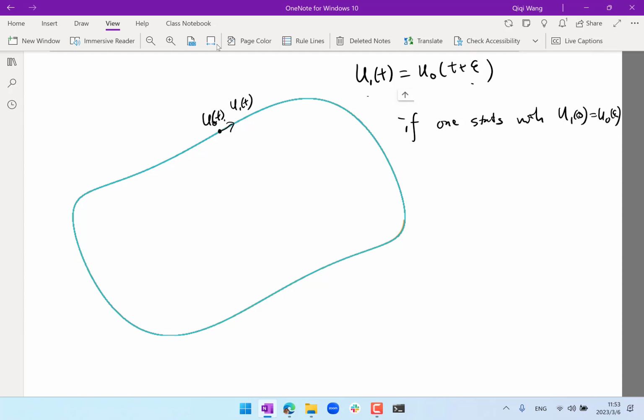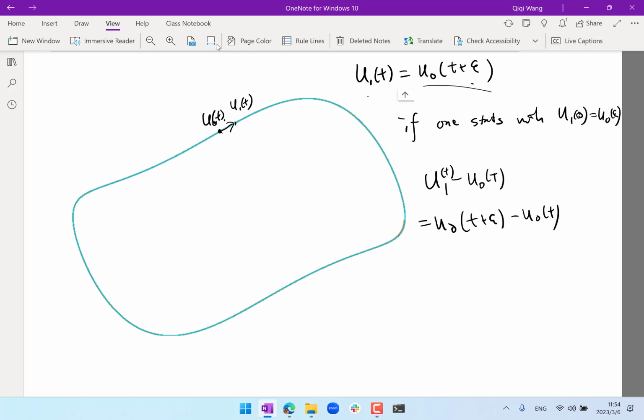So what does that mean in terms of the difference between u1 and u0 as time evolves? That means u1 minus u0, at the same time t, is equal to, if you substitute the relationship, u0 of t plus epsilon minus u0 of t.